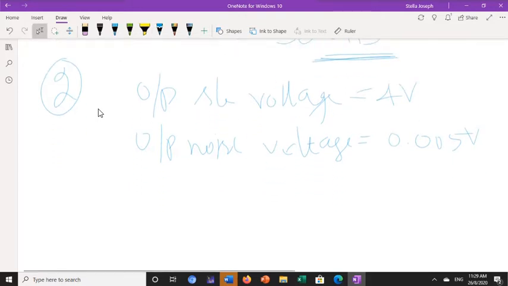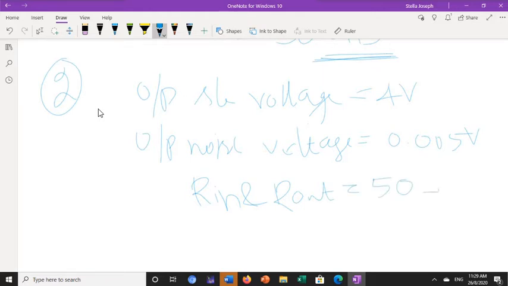Input and output resistance they have given, so R in and R out will be the same, that is 50 ohm.